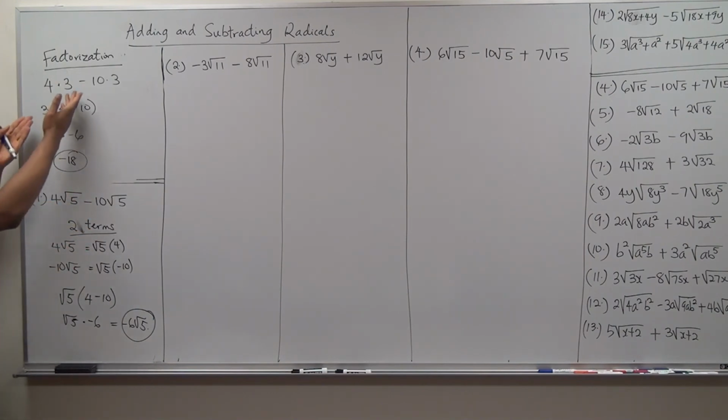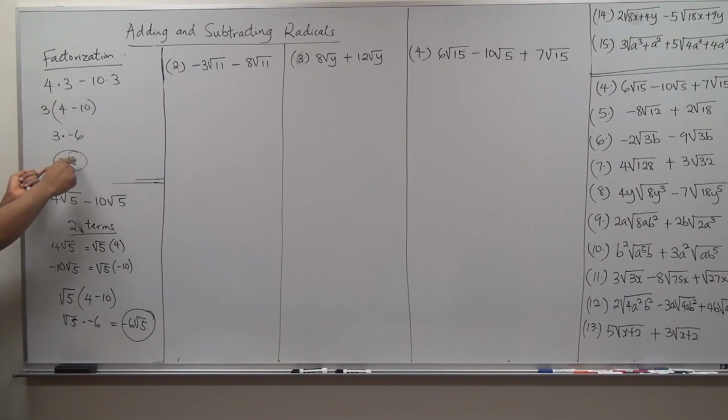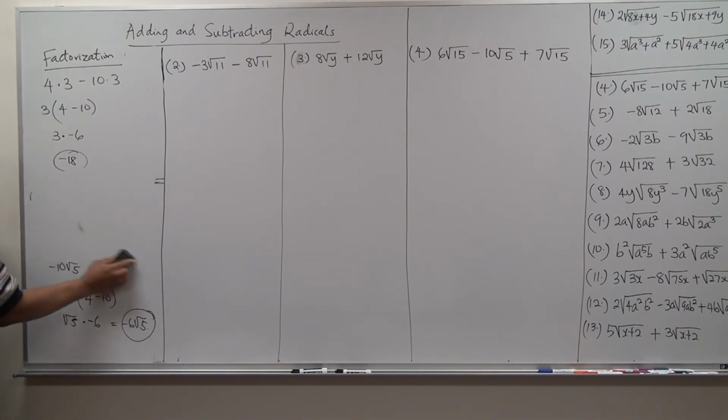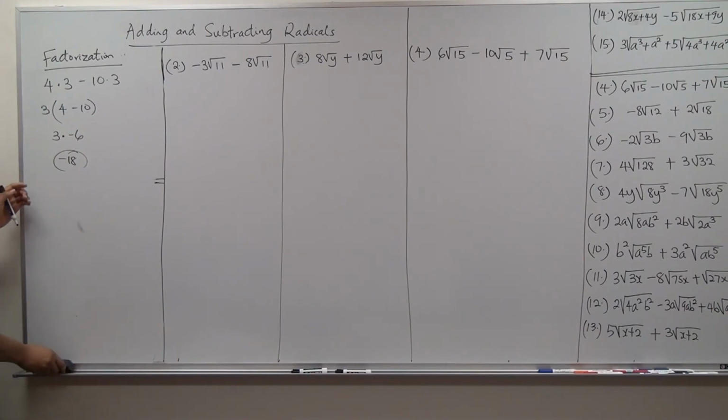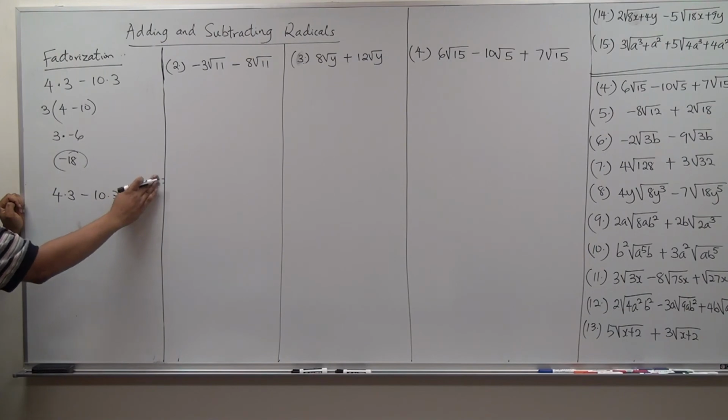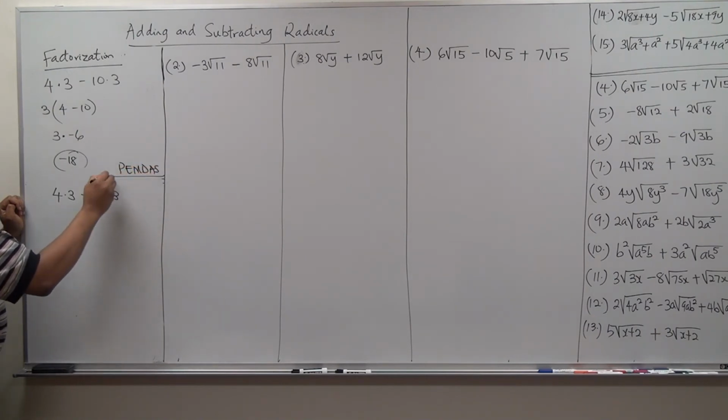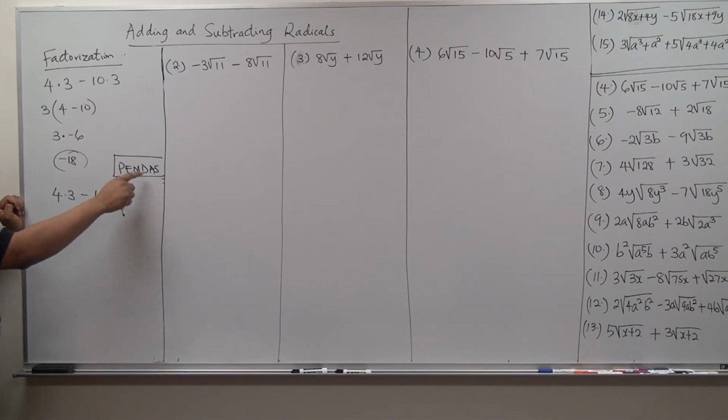Of course, if you want to check whether this method of factorization by factoring out is correct, you can say 4 times 3 minus 10 times 3. If you use PEMDAS, please excuse my dear Aunt Sally: parentheses, exponent, multiplication, division, addition, and subtraction.